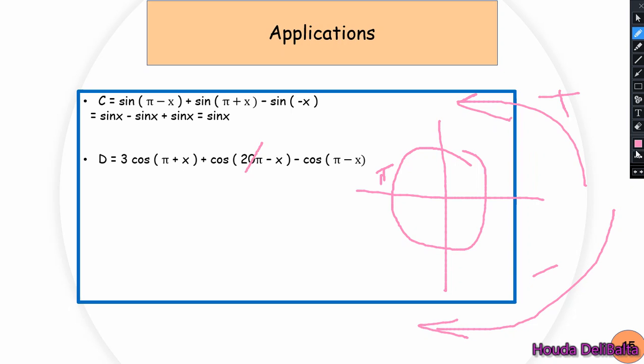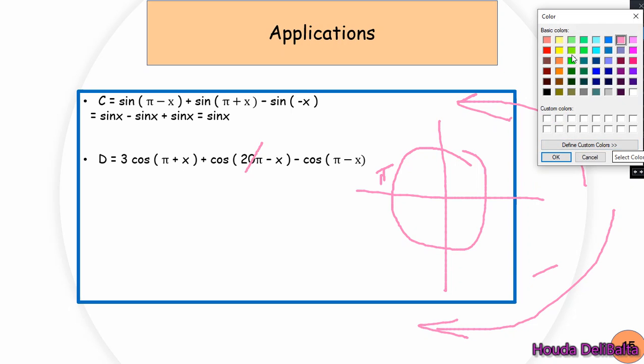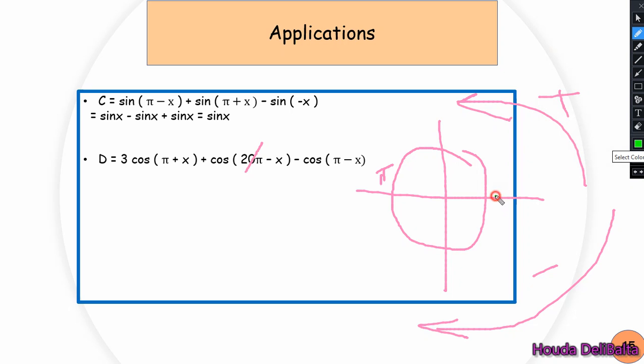Again, pi is positive, so I start moving that way. Pi plus x. Of course I have to continue in the positive direction. So pi plus x, I am here in quadrant 3.